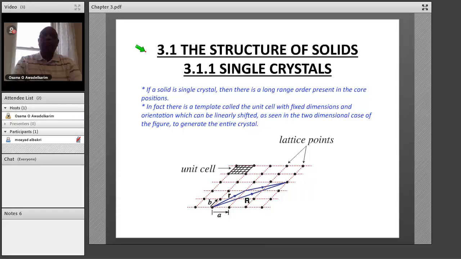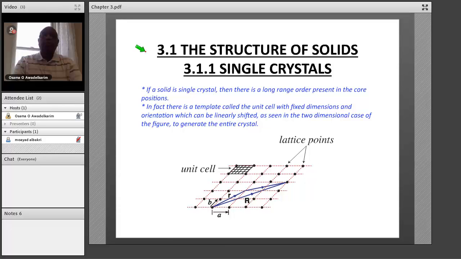So in a single crystal solid, we have a long range order present in the location of the cores or the atoms in the solid.